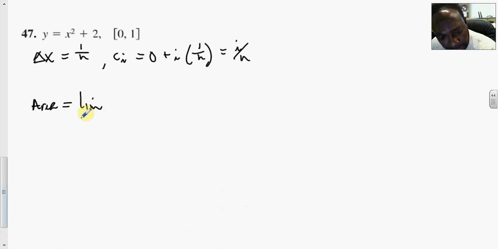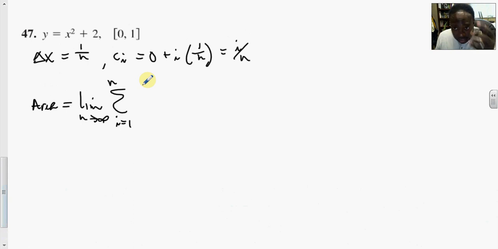is the limit as n goes to infinity of the summation as i goes from 1 to n. The thickness, excuse me, is 1 over n.